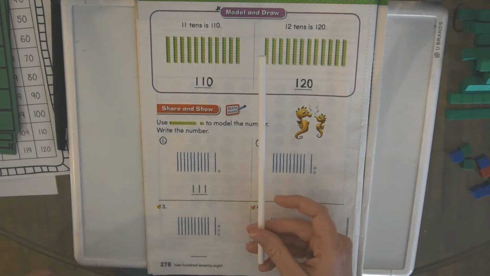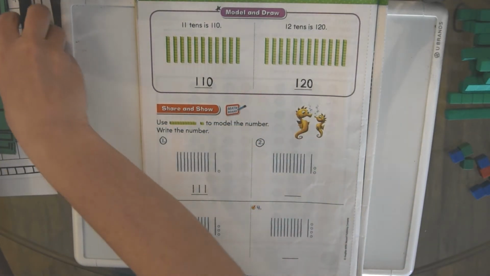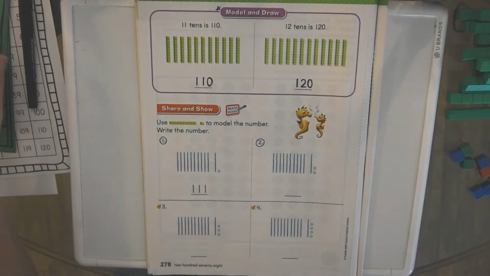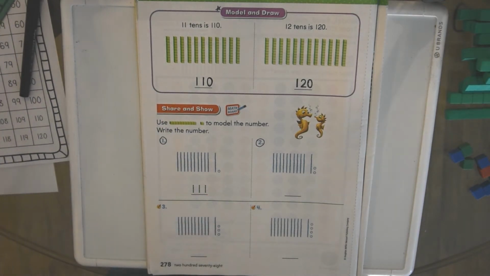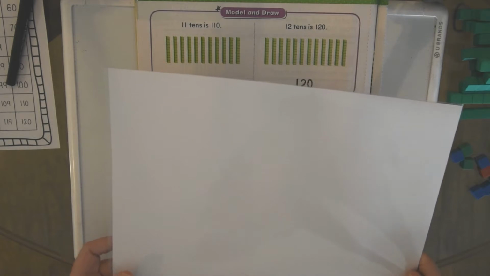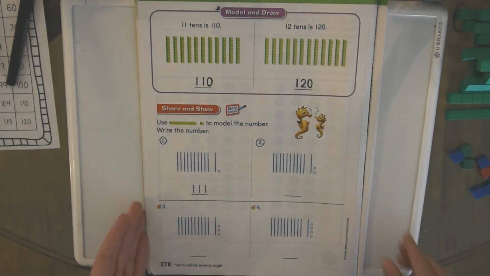You can use a straw if you have it, or even pens, something that can be counted as another 10. Also, you can use the whiteboard that you were provided to show your tens and ones on there.